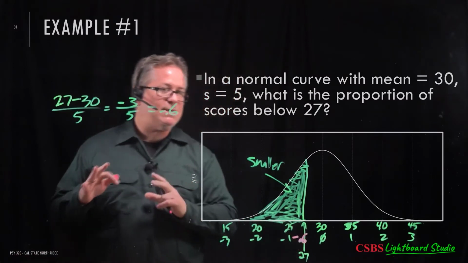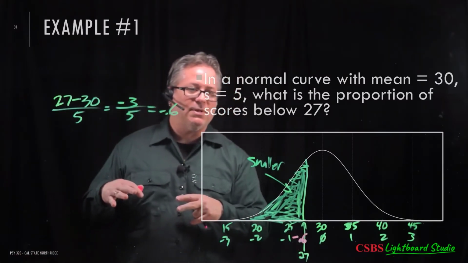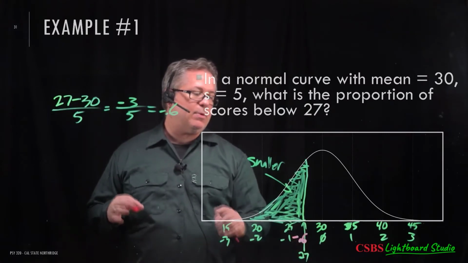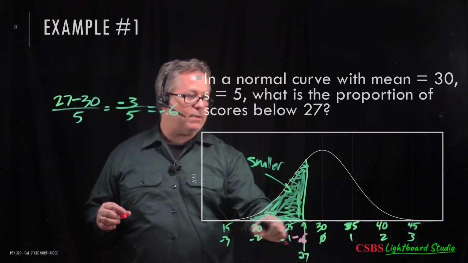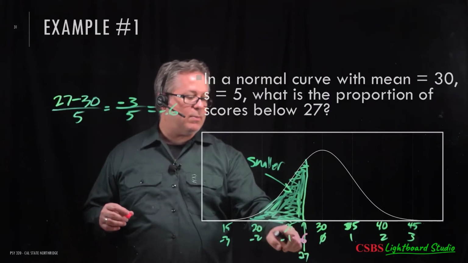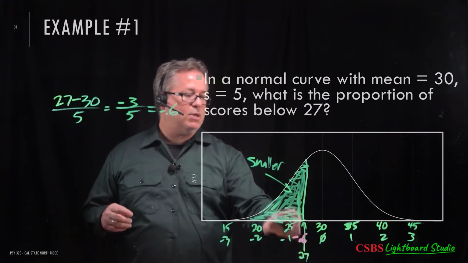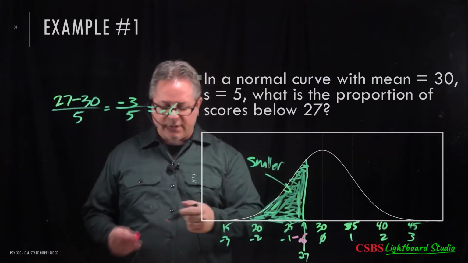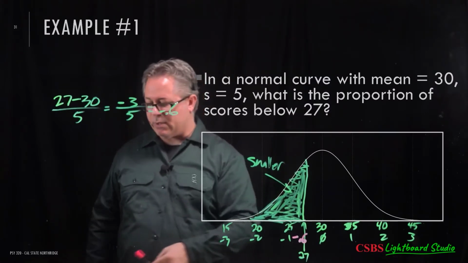But when I go to my z table, it's only going to give me positive numbers. So I'm going to look up a positive 0.6, but keep in mind, because I already figured out that I want the smaller portion, I'm going to look up the area for the smaller portion, and that's going to give me the area that I want.